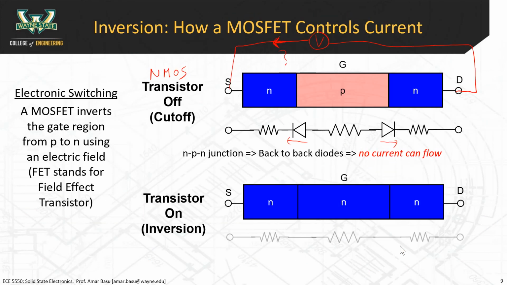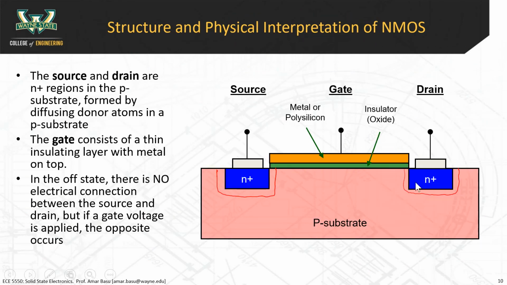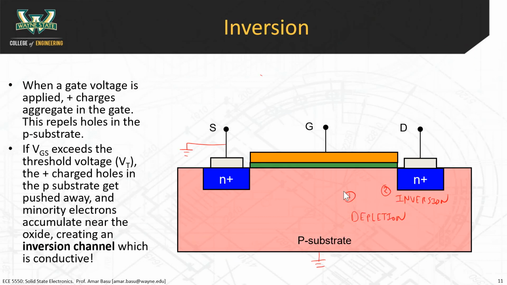Sorry, let me just go back. Look at one of these diagrams here. What do we really have control over? We can control the thickness of the gate oxide, and then we can control the doping of the substrate here. Those are the two biggest tweaks that we have at our disposal.